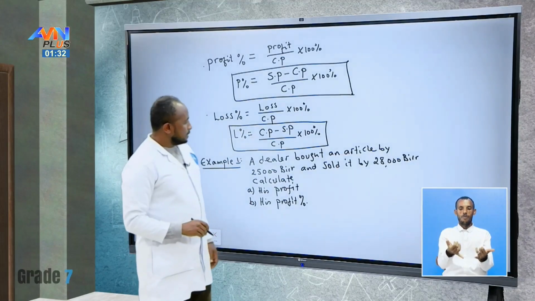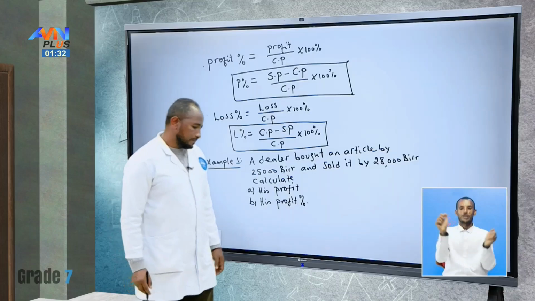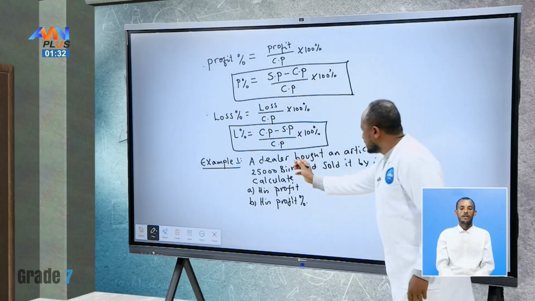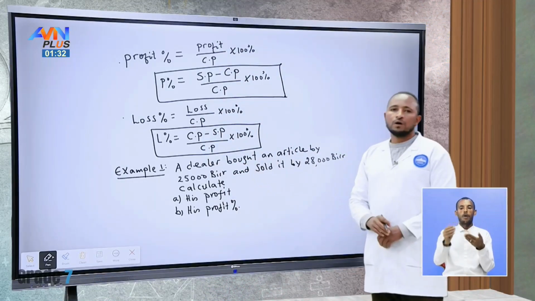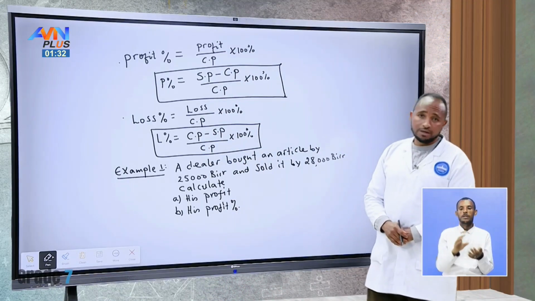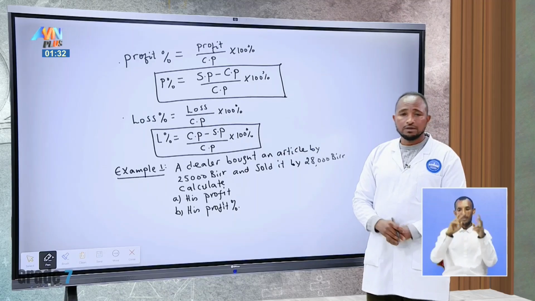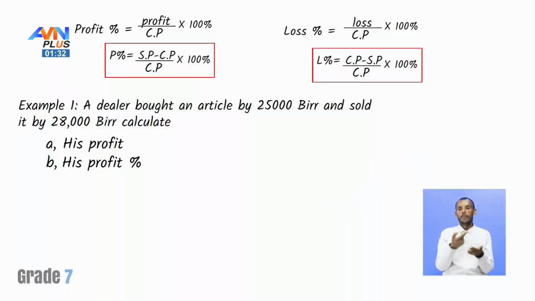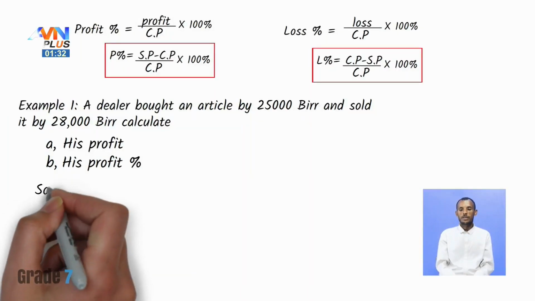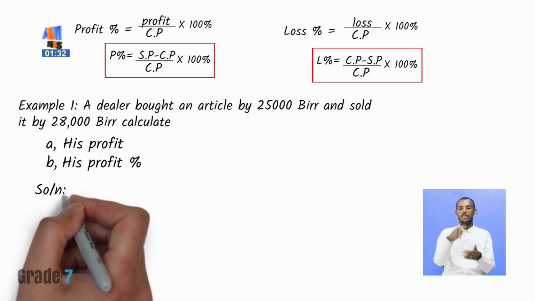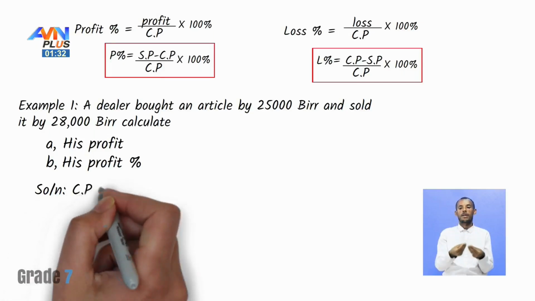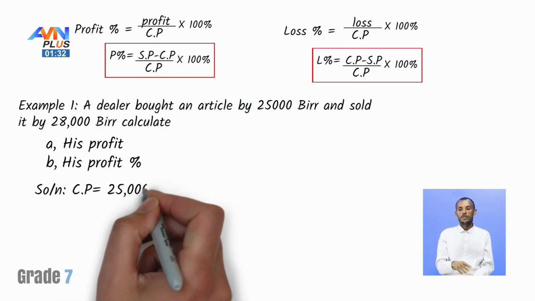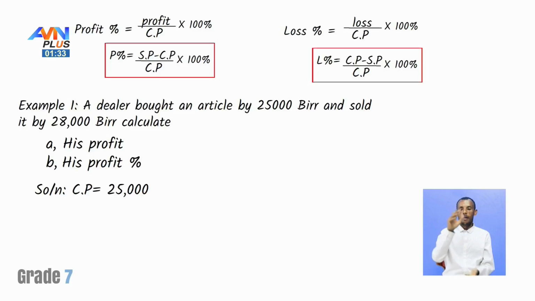Now, let's try this question together. Here, the dealer bought an article for 25,000 birr. It is the price at which an article is bought. Therefore, it is the original cost, or cost price. So the cost price is 25,000.